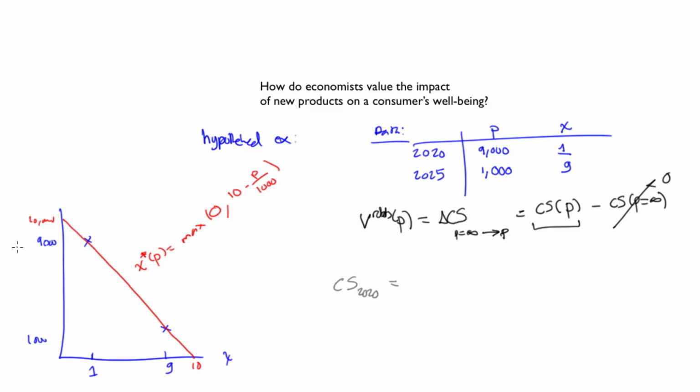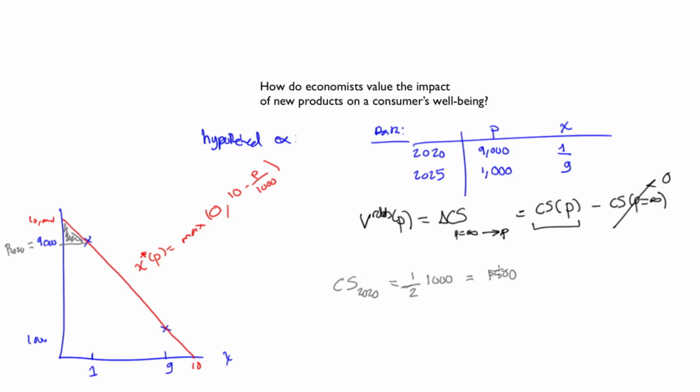Well, we know the price in 2020 is this. So the value of the new product, the robot, is going to be this area, that consumer surplus, and that is just 1/2 times 1 times this height, which is 1,000. So it's just $500.